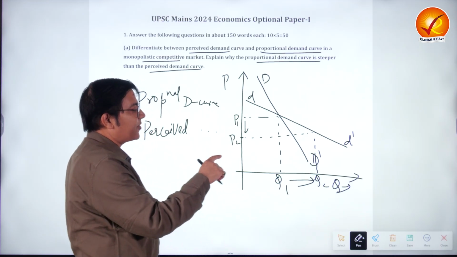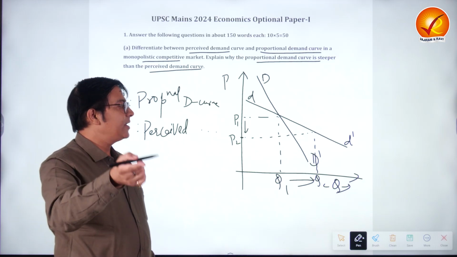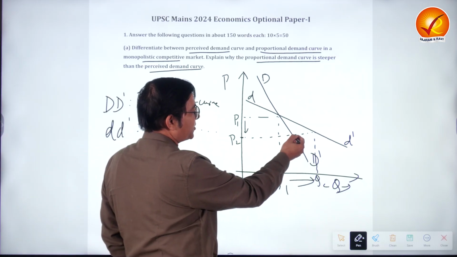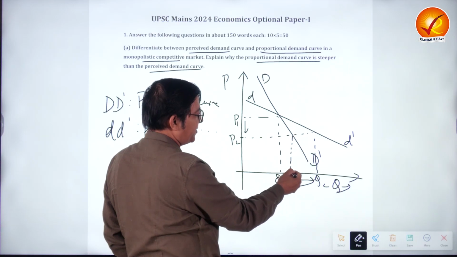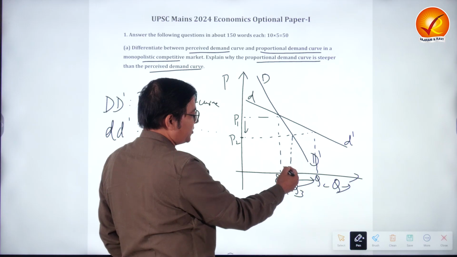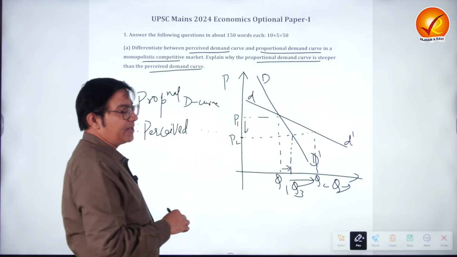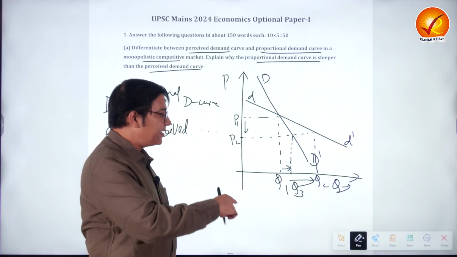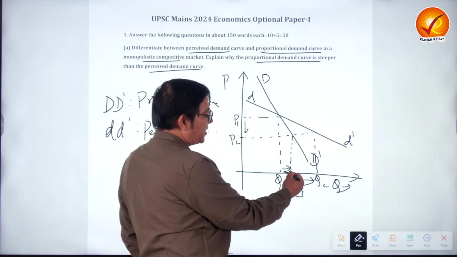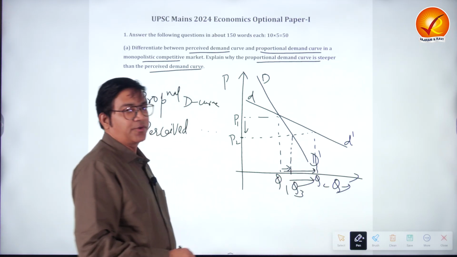So the actual increase in quantity demanded is given by the proportional demand curve. In this example, call it Q3. The firm will be able to increase its sales only from Q1 to Q3, even if it thought it would go from Q1 to Q2.